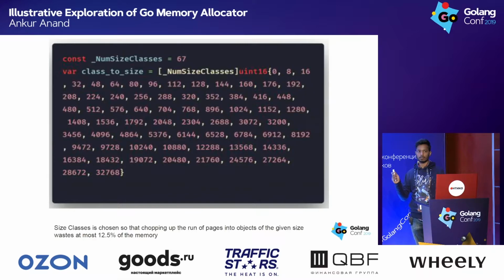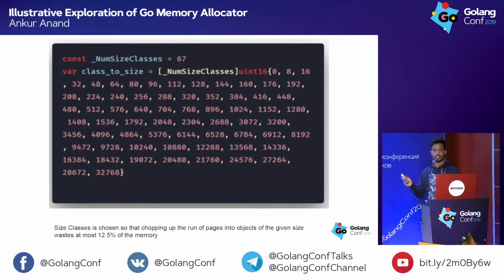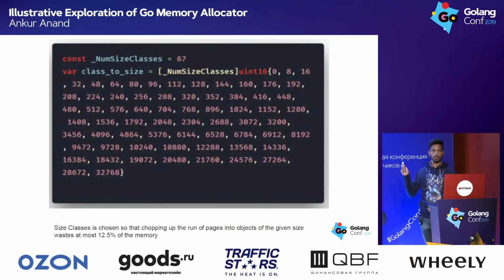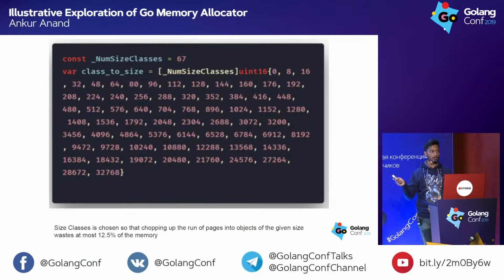We divide it into different sizes: 8 bytes, 16 bytes, 32 bytes, 48 bytes, up to 32 kilobytes. So if you are looking for an object of 7 bytes, we are looking for the page which has been divided into 8 byte blocks. Why are these numbers not powers of 2?